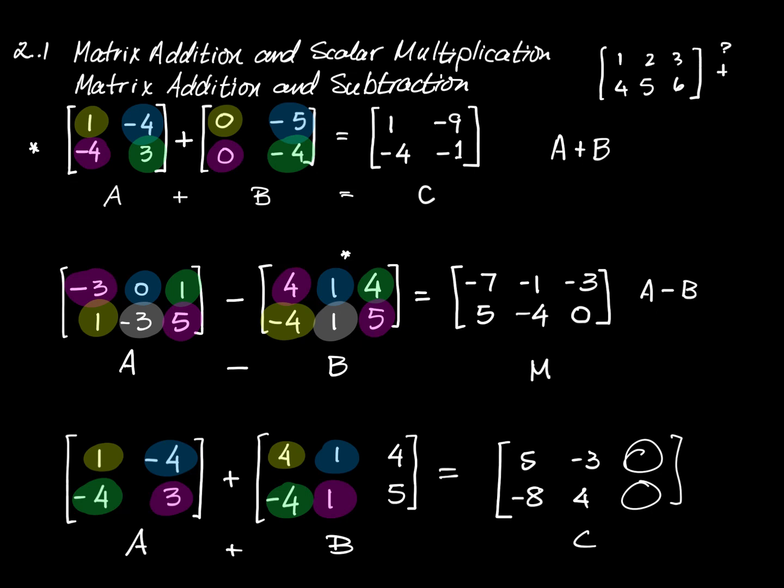And let's say I want to add that to a 3 by 2 matrix, 6, 5, 4, 3, 2, 1. You can't do it because I have a first row, first column in both cases. I have a second row, first column in both cases, but I don't have a third row in my first matrix to add to my third row in my second matrix. So it doesn't matter how similar or how close you think these two matrices are. They must have exactly the same dimensions if you're going to stand any chance of either adding them or subtracting them.